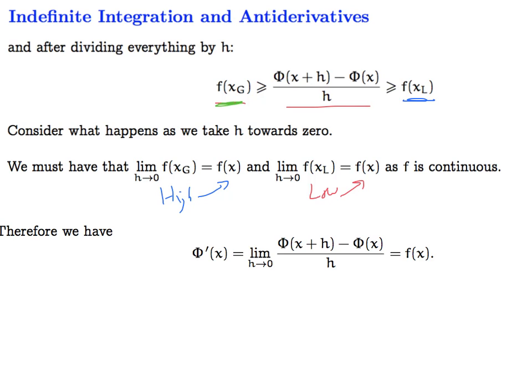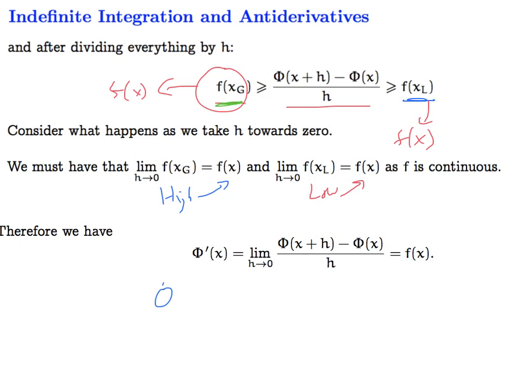So the derivative phi prime of x is equal to the limit as h approaches 0 of my difference quotient, which must equal f of x. That occurs because the upper part goes towards f of x, and the lower part also goes towards f of x, so it gets trapped in the middle there. And so really this is exactly what my theorem states.